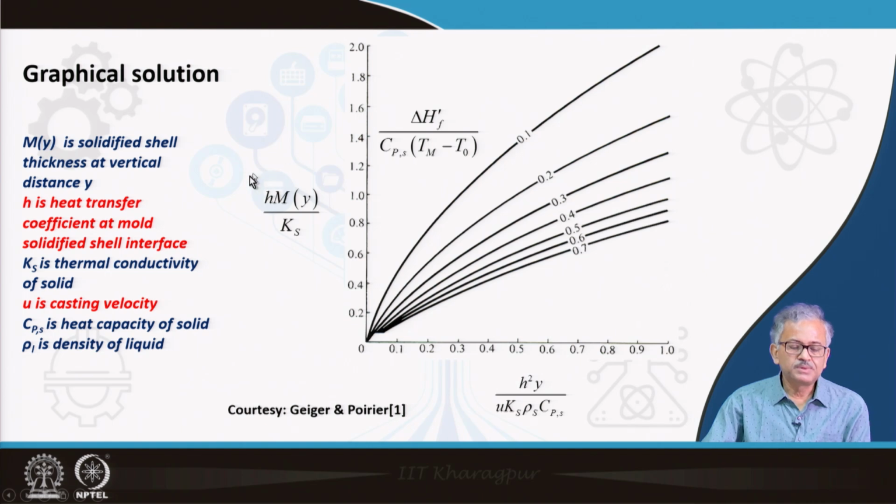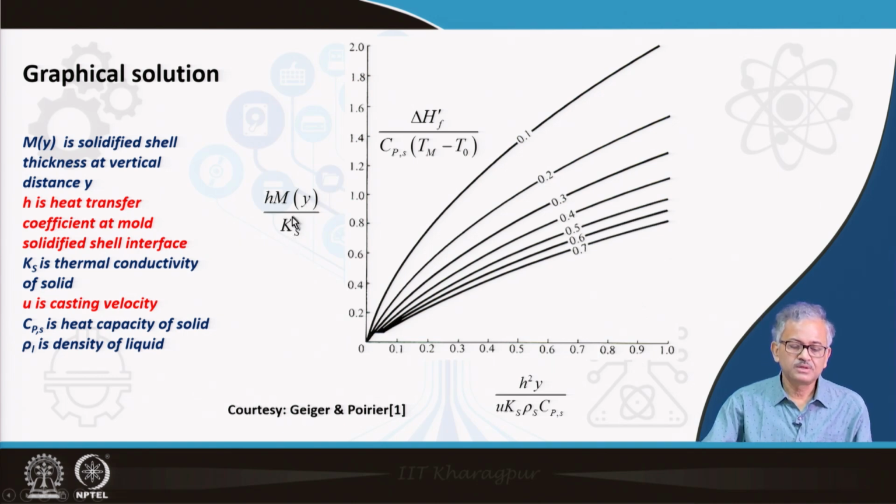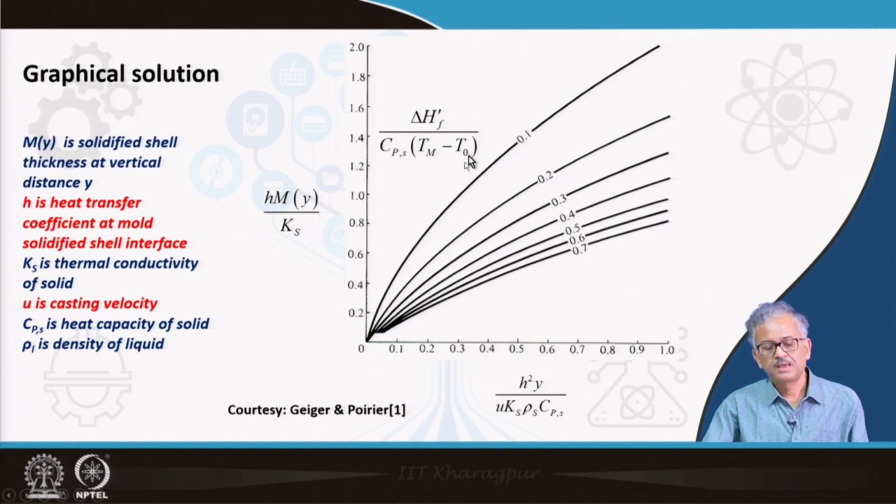And these basically represent the dimensionless solidified shell thickness at an axial distance y, where h is the heat transfer coefficient, my is the shell thickness at axial distance y, ks is the thermal conductivity of the solid. And this term is also dimensionless, you can say the dimensionless latent heat of fusion.